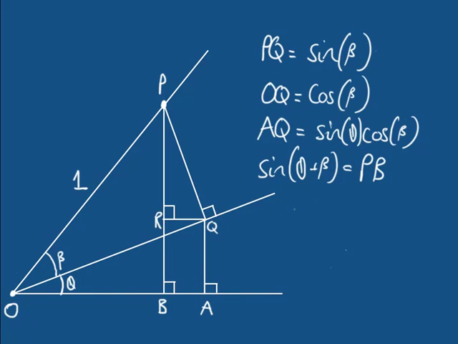I'm actually going to call this RB just to keep with the notes that I've got over here. So because of that, we know that RB is equal to AQ. They are the same length. This is a rectangle. Notice that we've got right angles here in all of the corners. So this is a rectangle, and because it's equal to AQ, we know it's equal to sine theta cosine of beta.